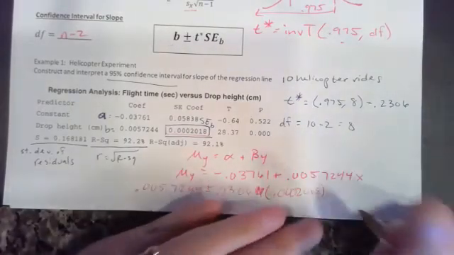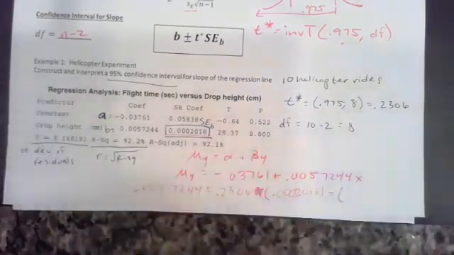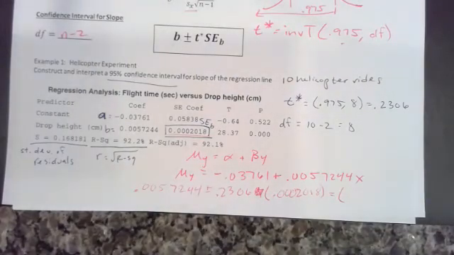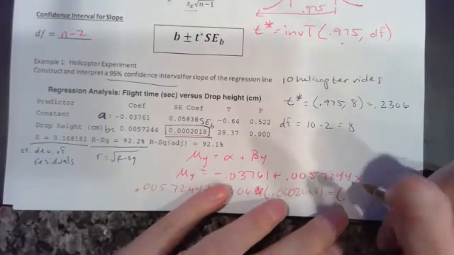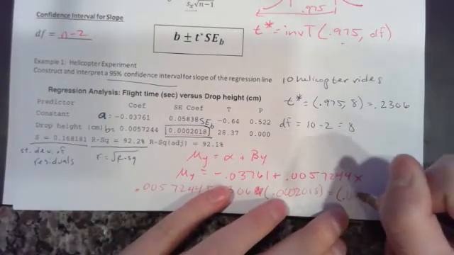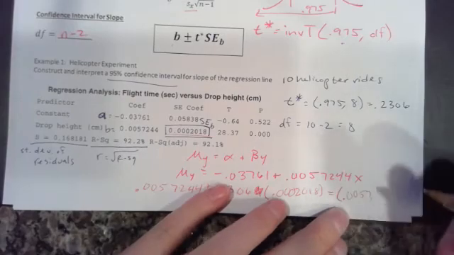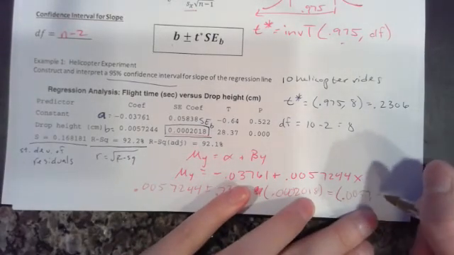Okay, so let's go ahead and do this. All right, so I get a confidence interval of 0.0057 to 0.0058.